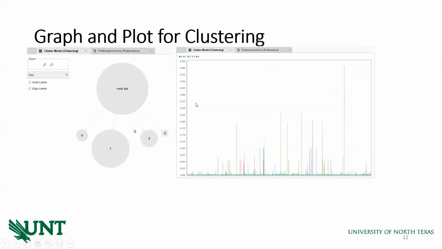Graph and plot for clustering. We can see the graph chart shows the different clusters here. The root set has these 5 different clusters. Cluster 1 has the highest number of items, which is represented a little wider here.